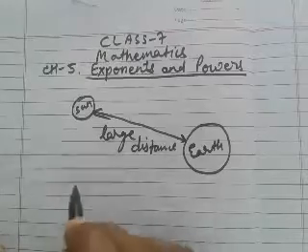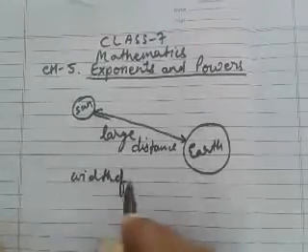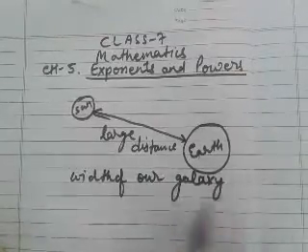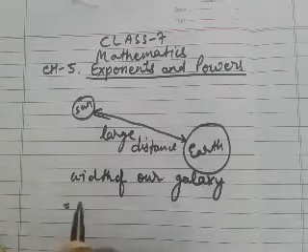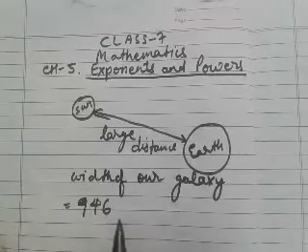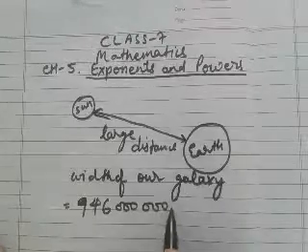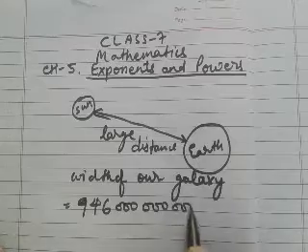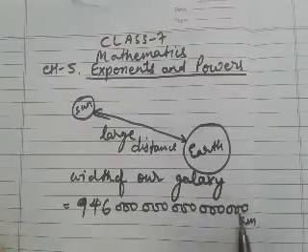And the width of our galaxy is about 946,000 kilometer.